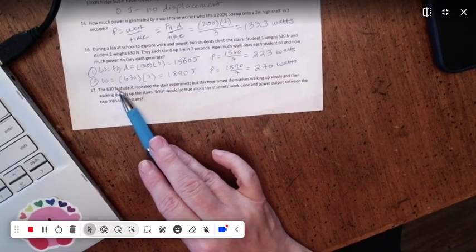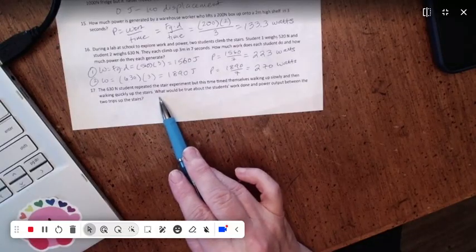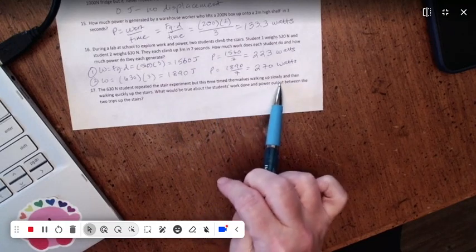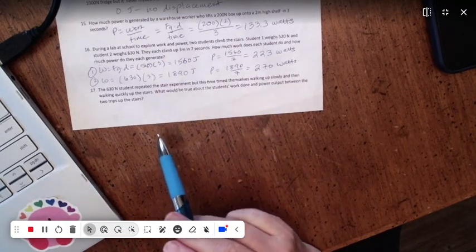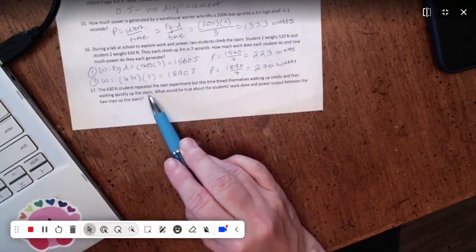Then the 630 Newton student repeated it, but they timed themselves walking up slowly and then walking up quickly. What would be true about this student's work done and power between the 2 trips? So this student walked up slowly and then walked up quickly.